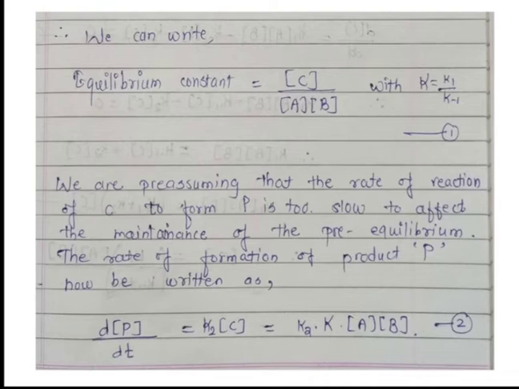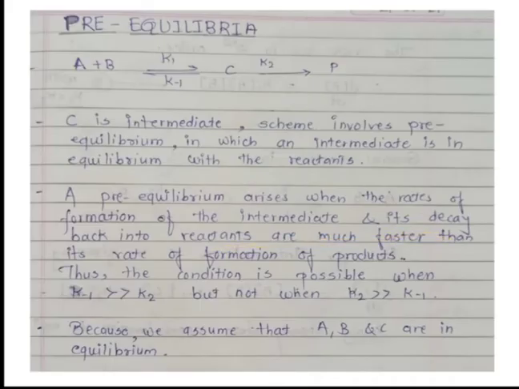Consider initially only this much of the reaction; this part here we can neglect for a while. So consider A plus B gives C, forward rate constant K1, reverse rate constant K minus 1, and all three species in equilibrium. Now we write the equilibrium constant for this reaction only.